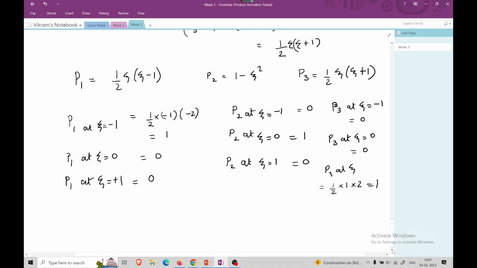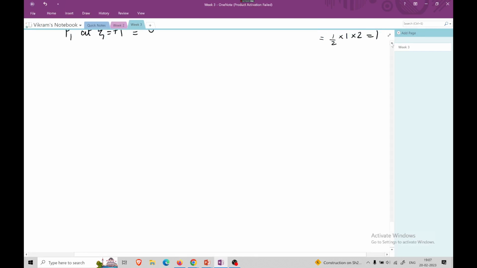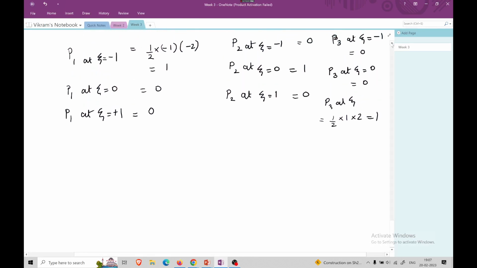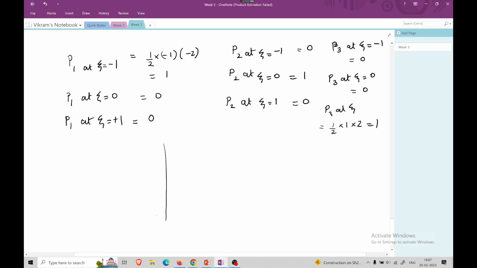So again if I try to plot, minus 1, 0, 1, let us plot it this way. P1 will be 1 at the first point and the rest of the values are 0. It will be quadratic, something like this.